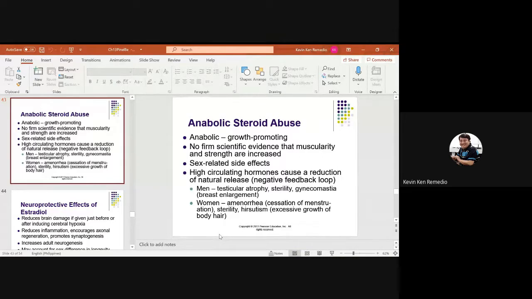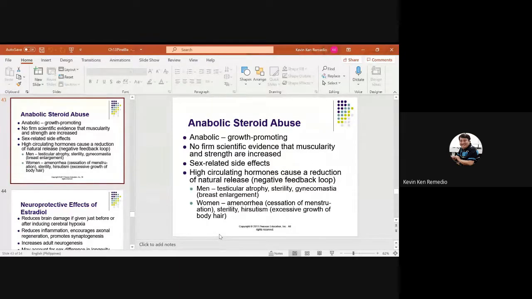Therefore, if there is steroid abuse, what are the consequences or side effects? For males, testicular atrophy. In short, testicular atrophy means the size of your testis shrinks. Also sterility. Okay?